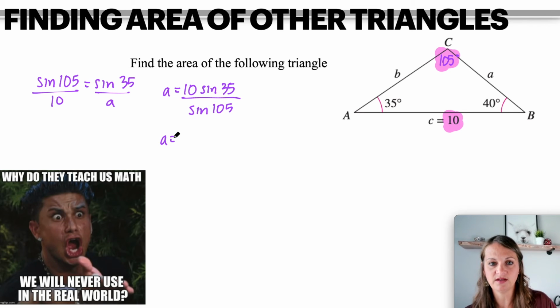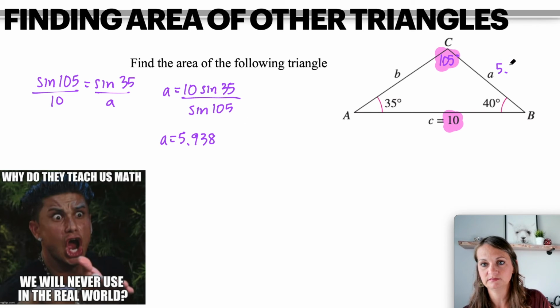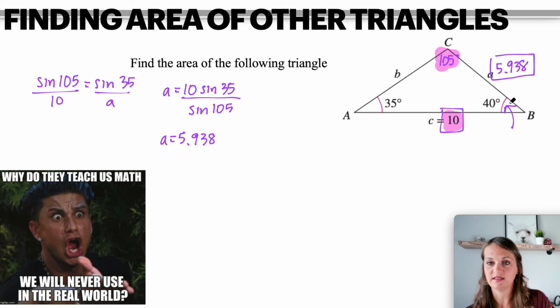So I know that little a is 5.938. And now we are going to use the side angle side formula, where we take two sides and the angle in between them.